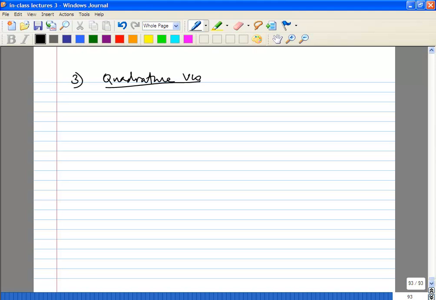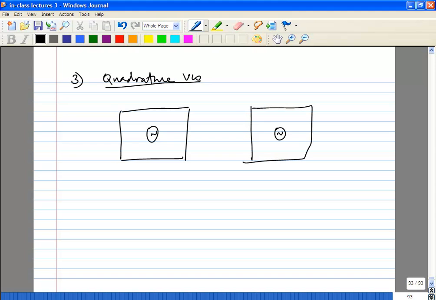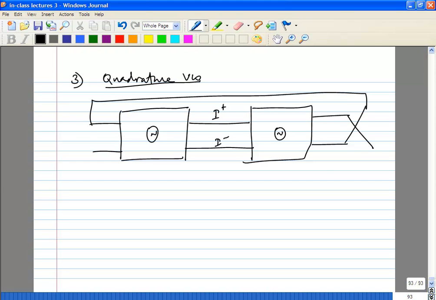The third option is to design a quadrature VCO. What you are going to do is take two VCOs, and you're going to have some coupling ports.